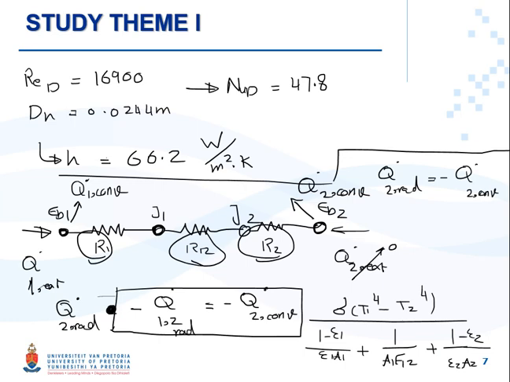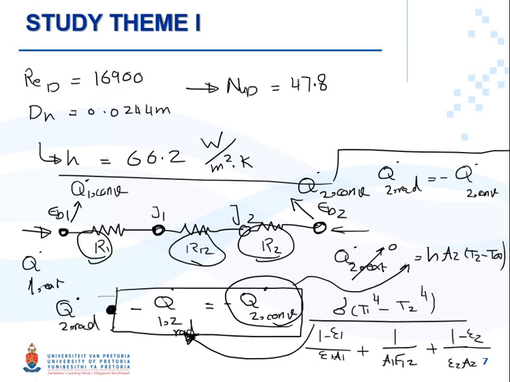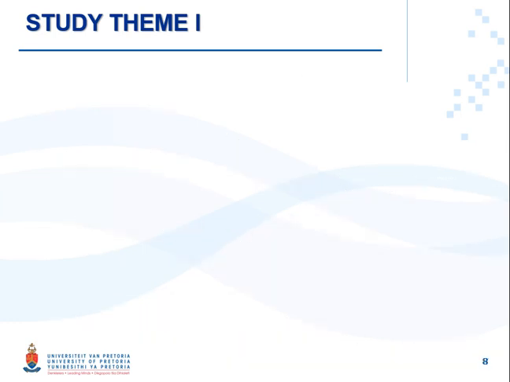You remember that? So this is basically Q1 2 radiation. How about this? Basically this is equal to h A2 (T2 minus T infinity). Okay, so now let's calculate it.